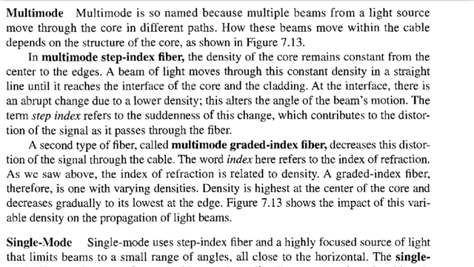A graded index fiber therefore is one with varying densities. Density is higher at the center of the core and decreases gradually to its lowest at the edge. Figure 7.13 shows the impact of this variable density on the propagation of the light beams.